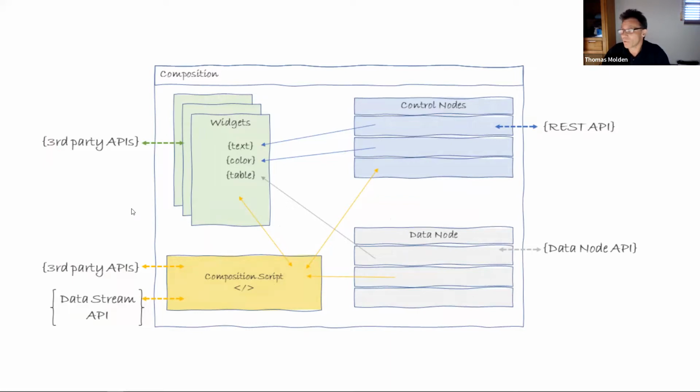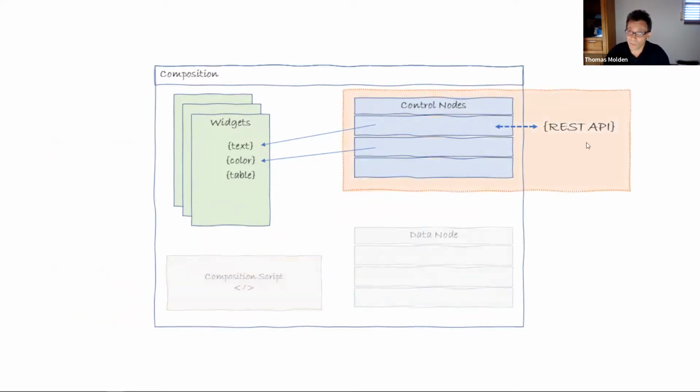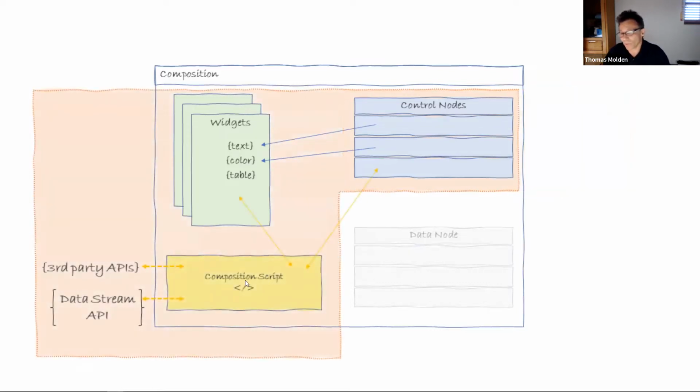In the first two webinars, we focused on the REST API and updating control nodes. In this one, we focus on composition scripting and how the composition script can access and update control nodes, how we access and update widget nodes, and also from the composition script, we reach out to a third-party API and use the Singular data stream API to connect to a data source.